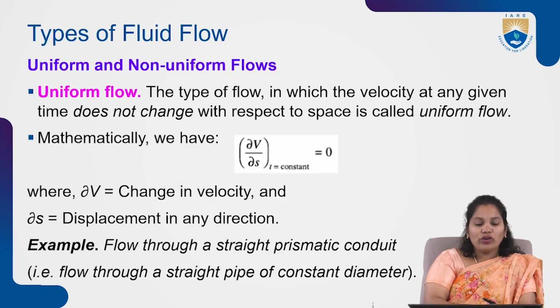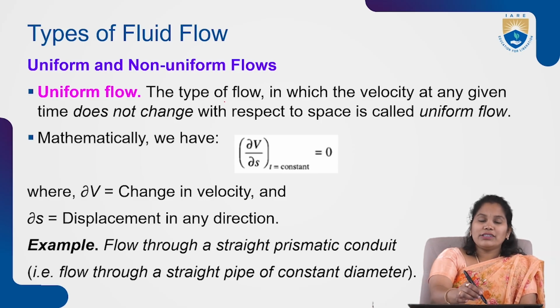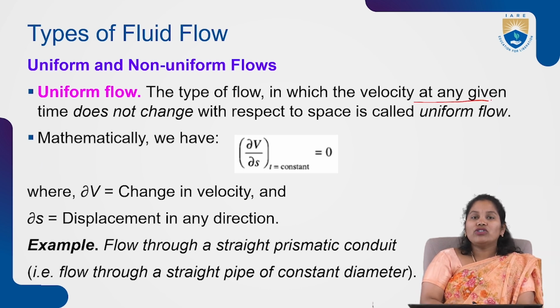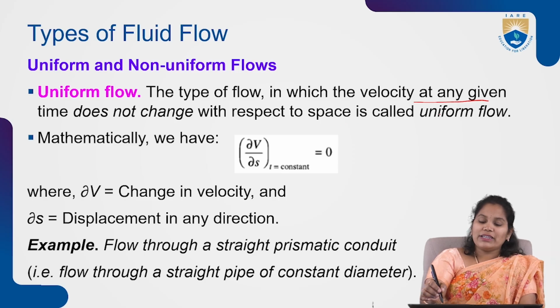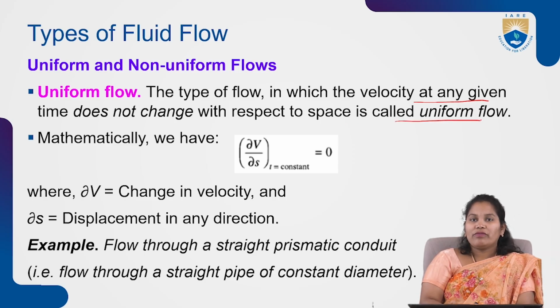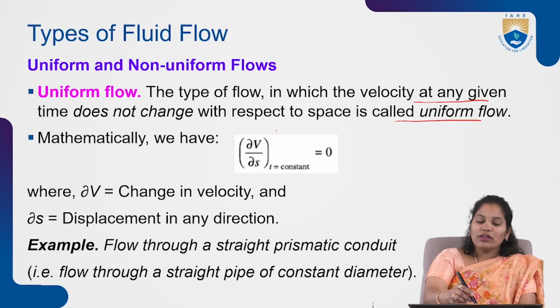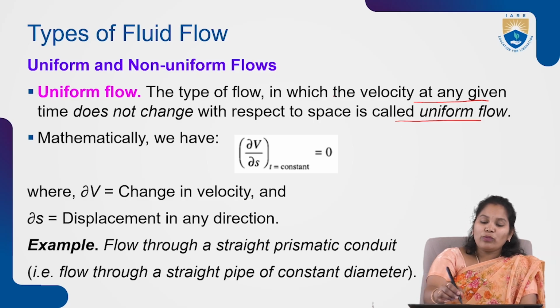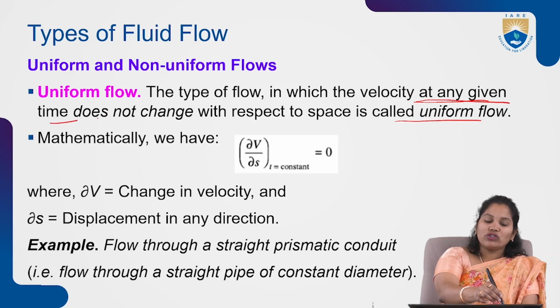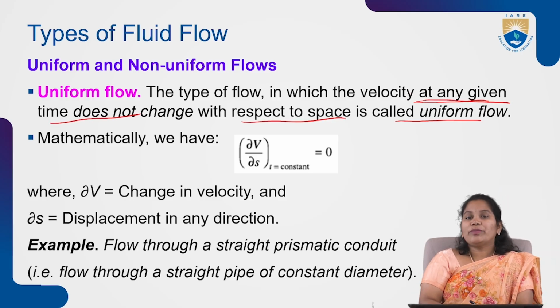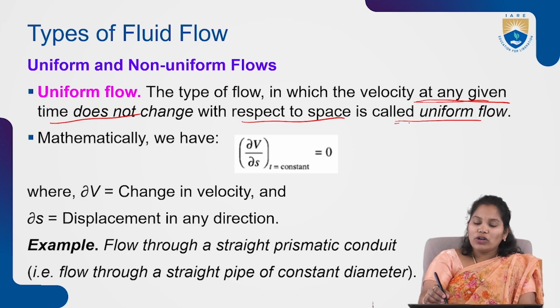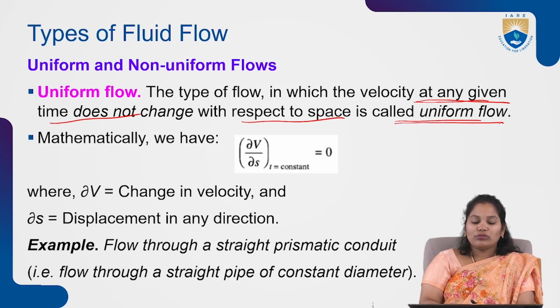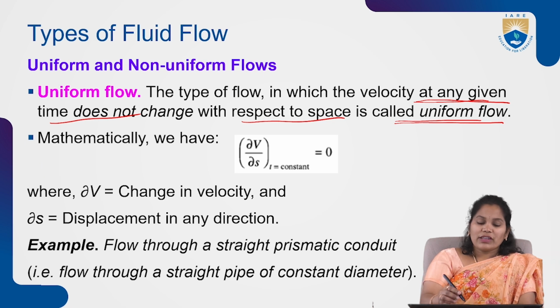So uniform and non-uniform flows are types of flow in which the velocity at any given time does not change with respect to space. With respect to space, that is lengthwise.